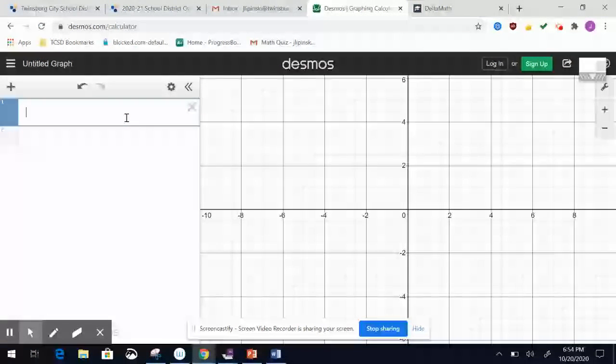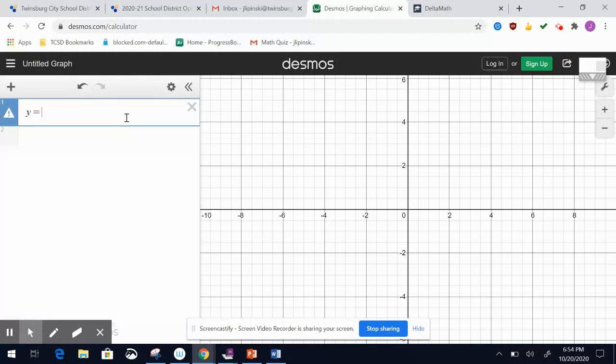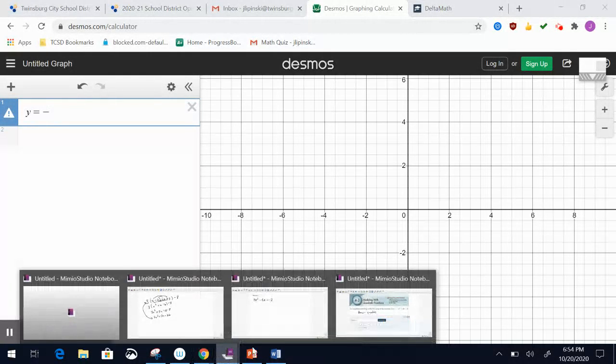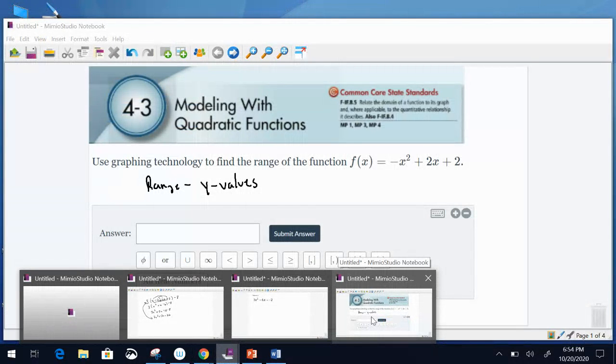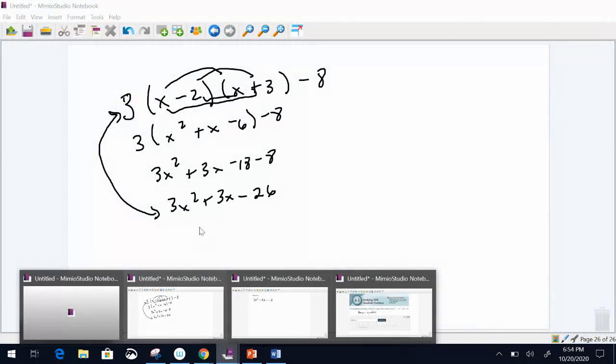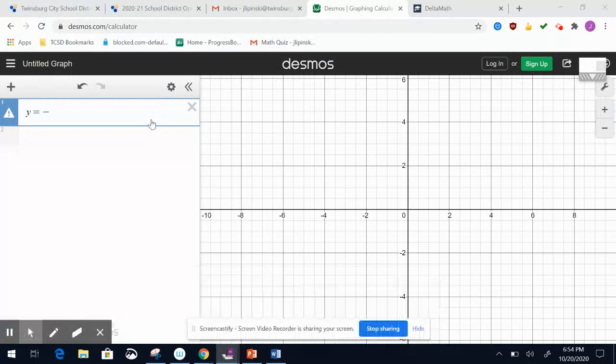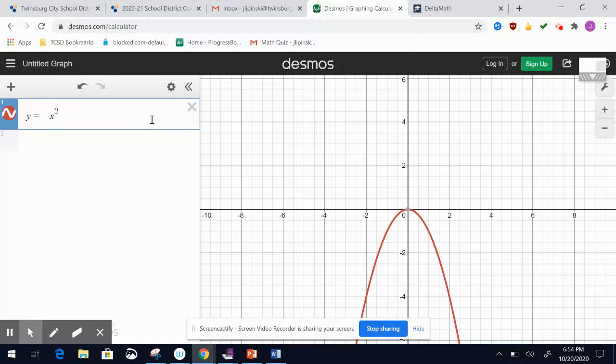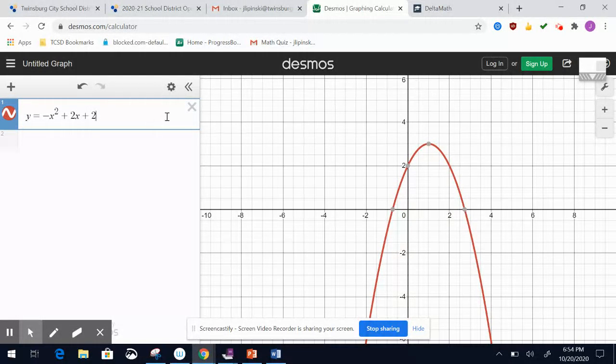So again, when we enter this in there, we put y equals negative, and just make sure that you enter the values correctly. Negative x squared plus 2x plus 2 is the graph.